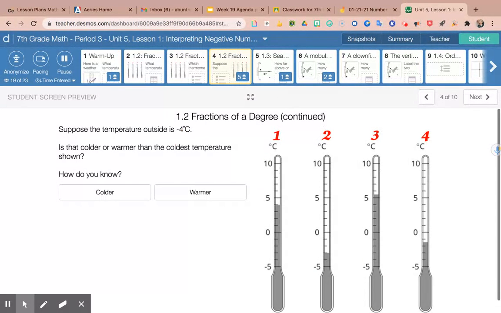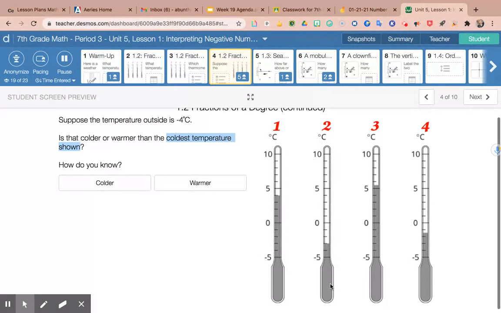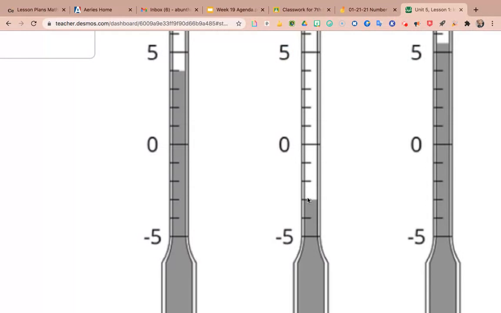And then the last one we did today says, suppose the temperature outside is negative 4 degrees. Is that number colder or warmer than the coldest temperature shown? Well, first we have to identify which one was the coldest temperature shown. Looking at the thermometers, the coldest would be the lowest, which is number 2. Number 2 is at this spot right here. So that's 1, 2, 3. That's negative 3 because we start at 0 and we count down.